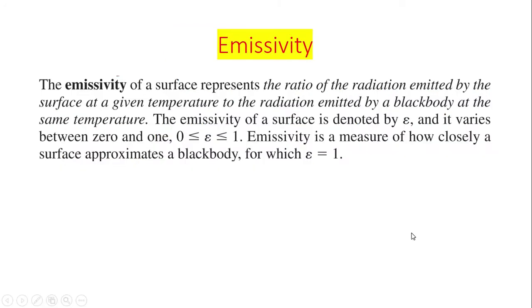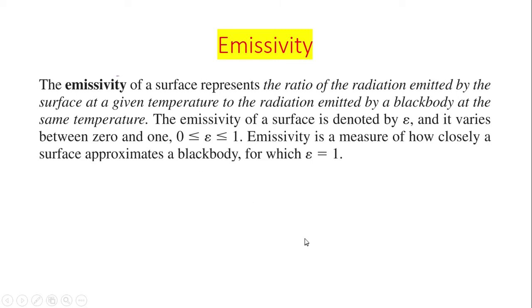Now let's discuss the emissivity. That is one of the radiative properties. So what is emissivity? The emissivity of a surface represents the ratio of the radiation emitted by a real surface at a given temperature to the radiation emitted by the black body at the same temperature.